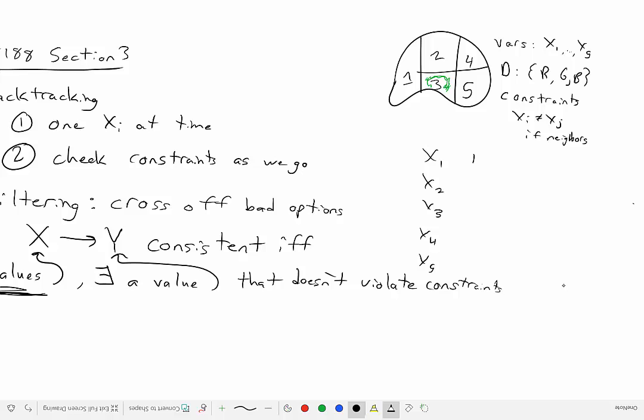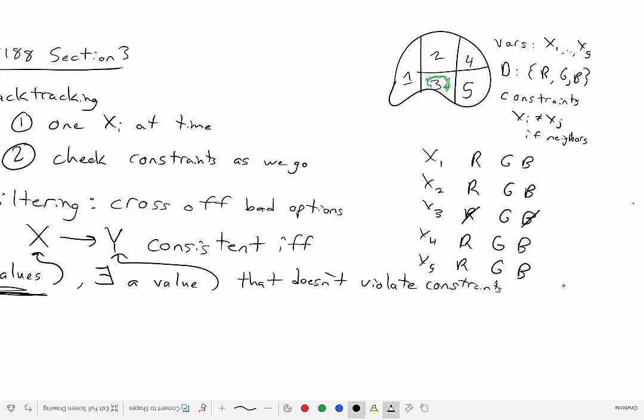And for each of them, I'm keeping track of their domains. When it's written, that's a valid value. If it's crossed off, that means it's not allowed. So initially, I start off with all of them allowed. And then I arbitrarily chose x3 to be green. So I cross out the other colors. And now I want to enforce arc consistency to 3.